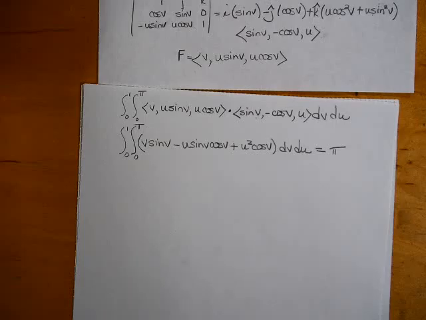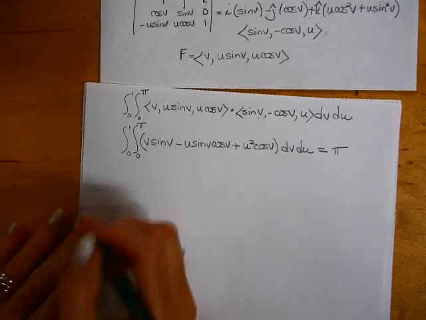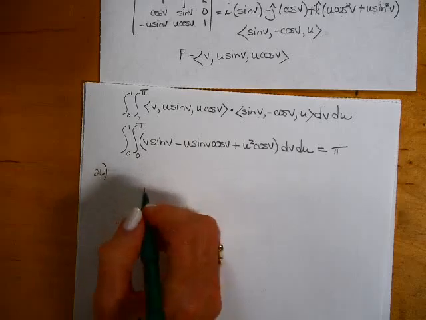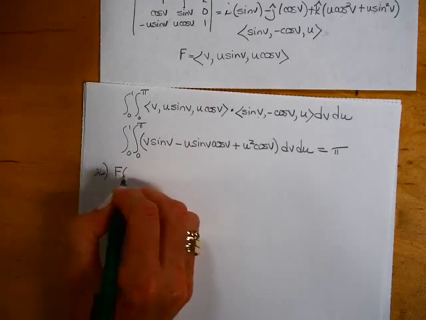Okay, then I was going to do one last problem where your surface is given in terms of x and y instead of as a vector function. And number 26 is one like that.